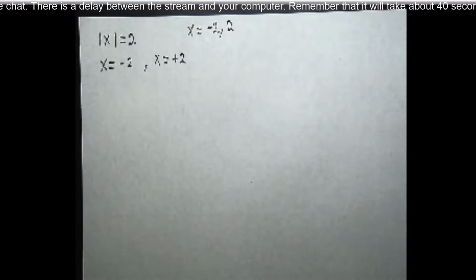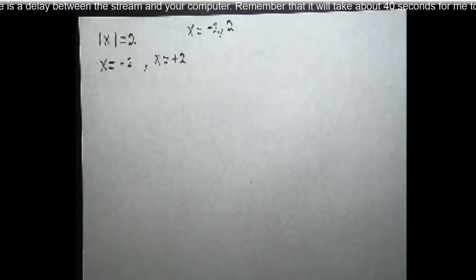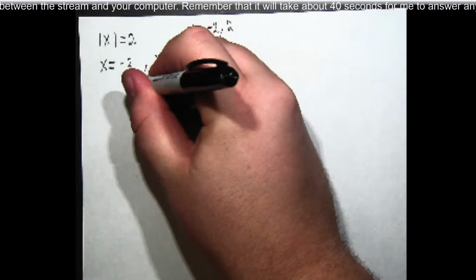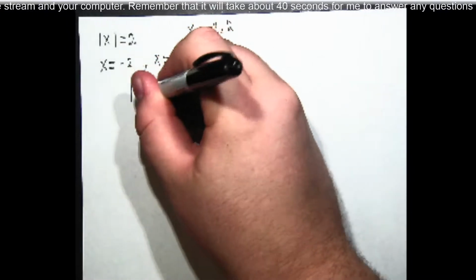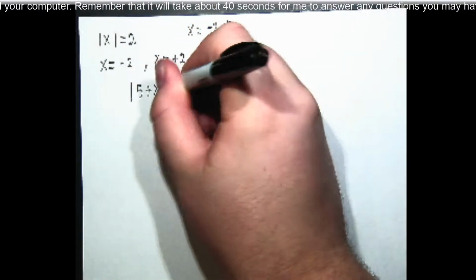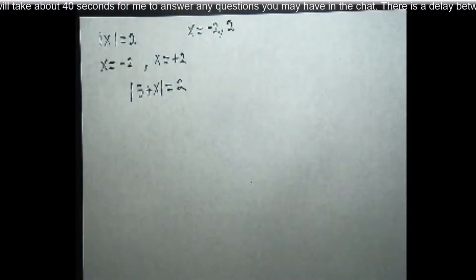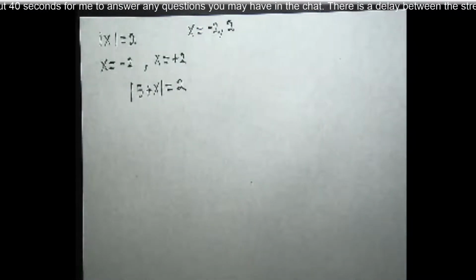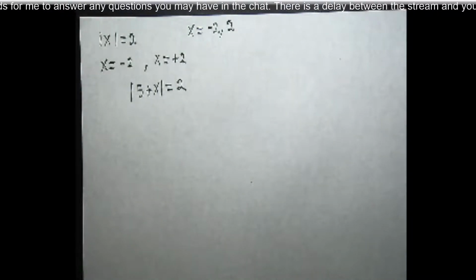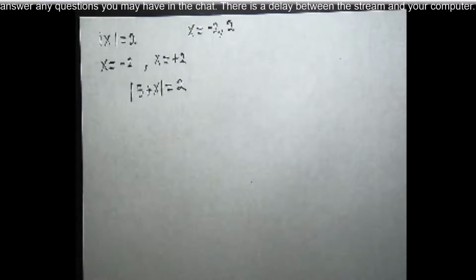Okay, so then I'm going to change one thing about this. Now we have 5 plus x in the absolute value, but it still equals 2.